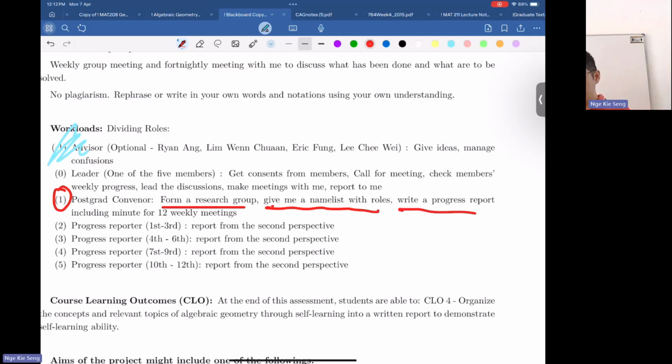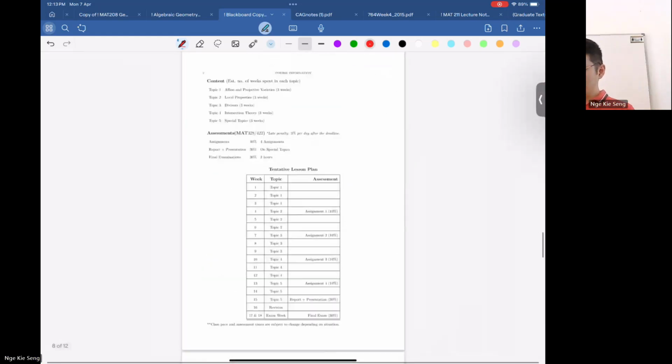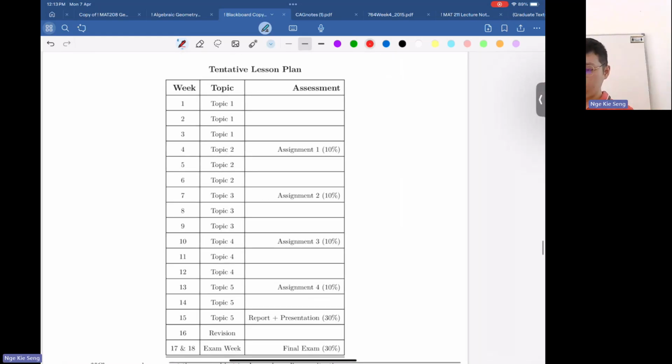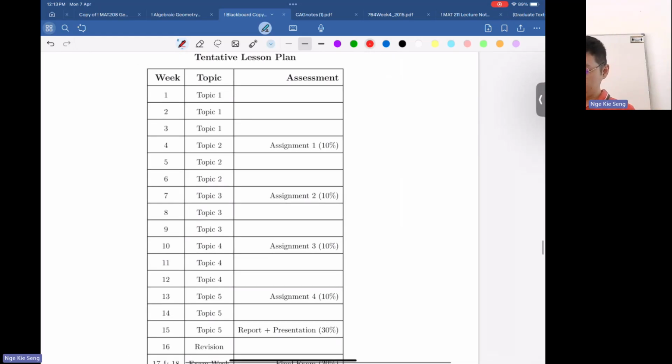And then you need to write a progress report, okay, for 12 weeks of meeting. So what's the meeting here? Let me write it down for you. So once you form a meeting, right, I give you a timeline here. So this is current week, right? Okay, current week. So at least you need to start a meeting by this week or next week. Okay, and then by week 4, the 4 groups should meet with me to decide topics.